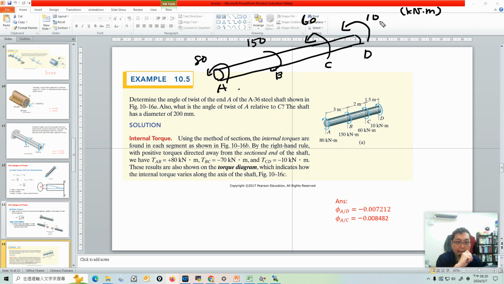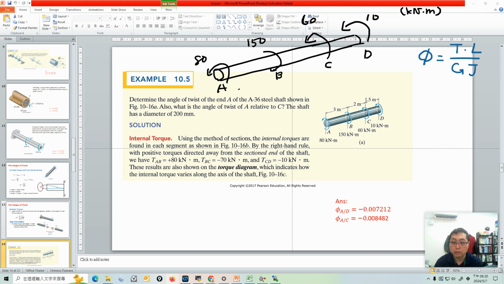What's the formula for the angle of twist? Remember that the angle of twist is torque times L divided by GJ.